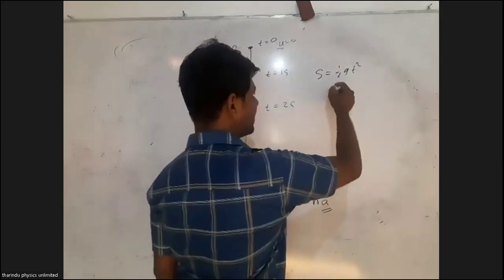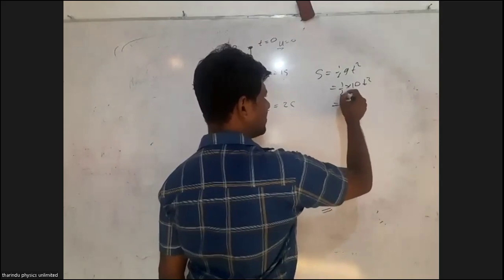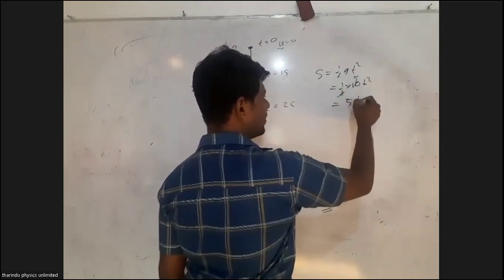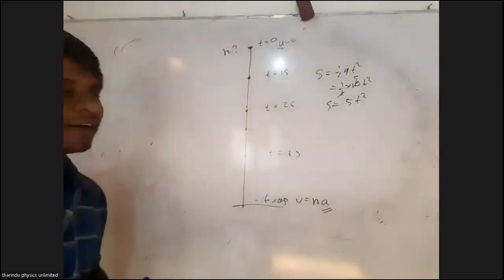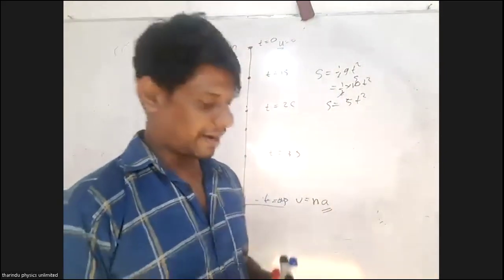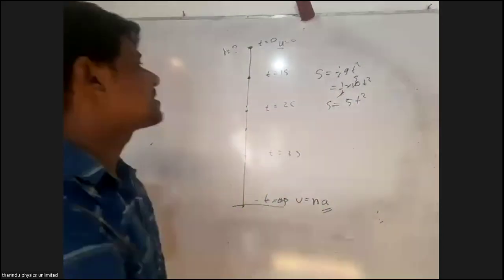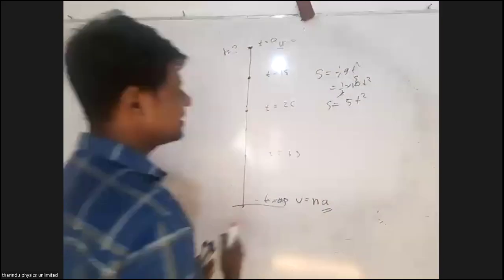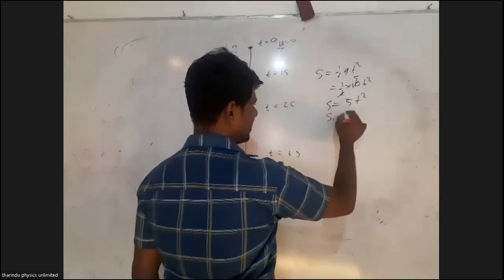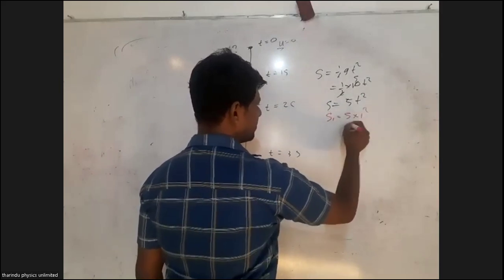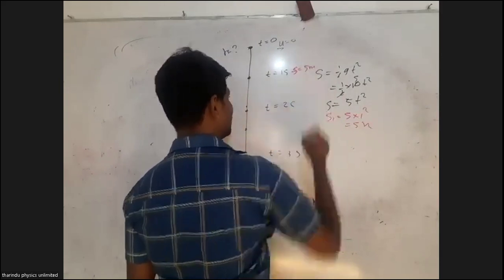We know another thing, half into g is 10, so it is just 5t squared. You can apply 5t squared for free fall easily. Just keep that in your mind. For the MCQs, you can just apply 5t squared and find the answer. For the first second, S1 is 5 times 1 to the power 2, which is just 5 meters.